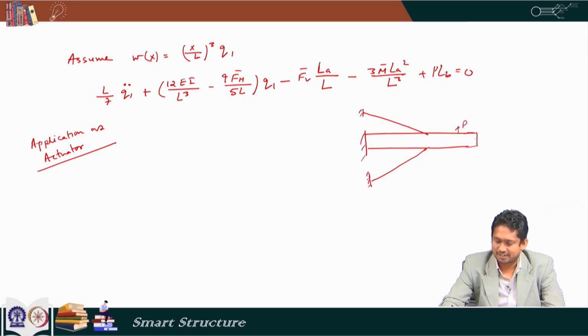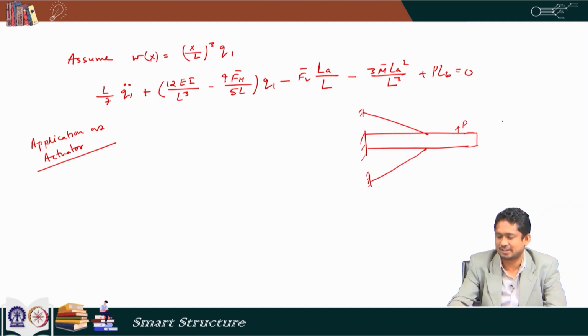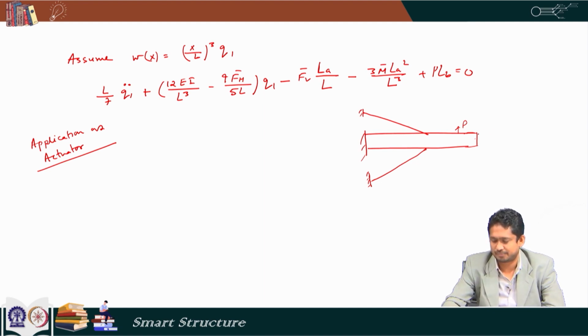So, that would generate an actuation force on the beam in the bottom direction and would try to prevent the upward movement. Similarly, when the beam tries to go downward, we can excite this actuator thermally, and that would try to bring this shape memory alloy wire to the austenite phase. So, it would try to reduce the length of it, and then the beam would experience an upward force. That is how it can be controlled by thermal actuation.